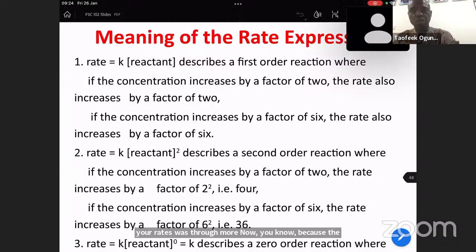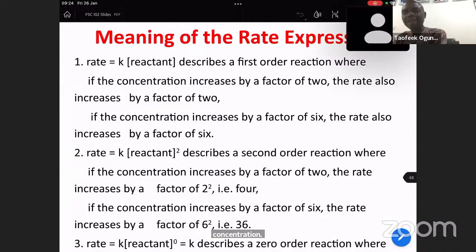That means you double the concentration. For a first order reaction, the rate will also double. Whatever you do to concentration will happen to rate for a first order reaction. You double concentration, rate doubles. You triple concentration, rate triples. You quadruple concentration, rate also quadruples. That is a first order reaction.